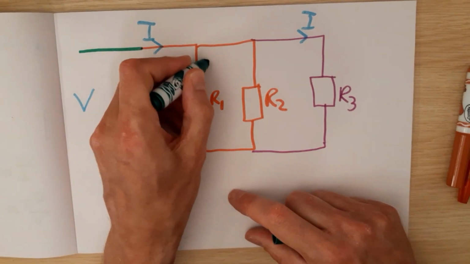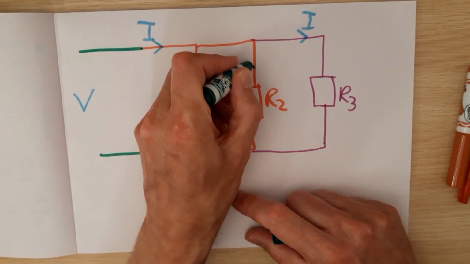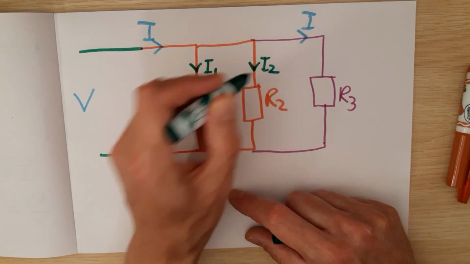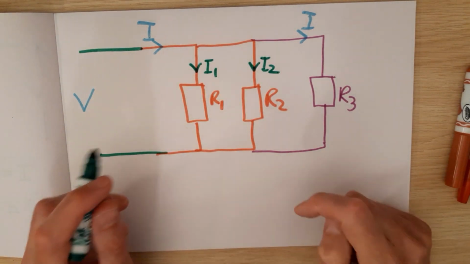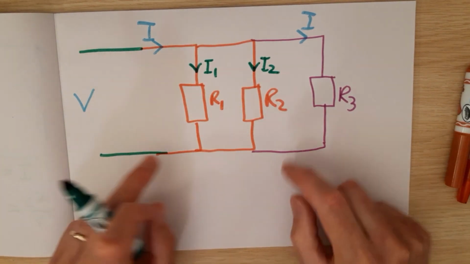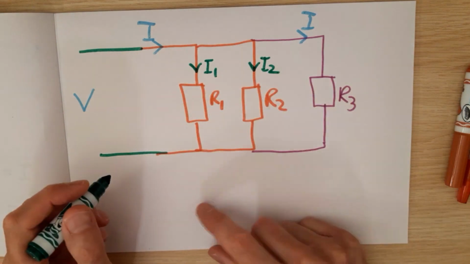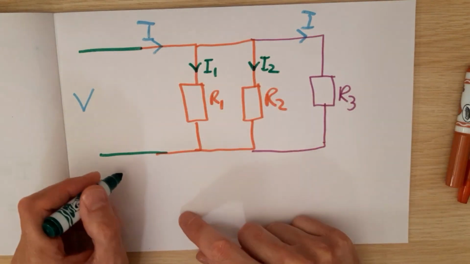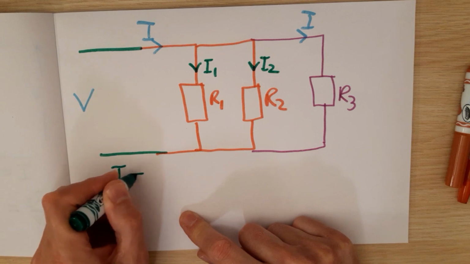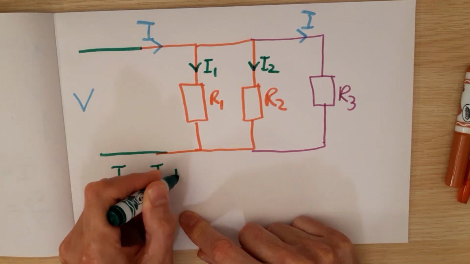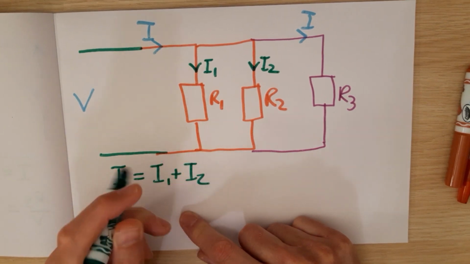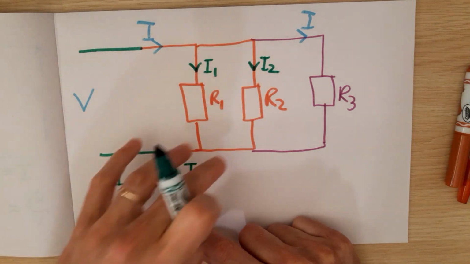So let's call this I1 and I2. So we know that I equals I1 plus I2, because none of the current can get lost.